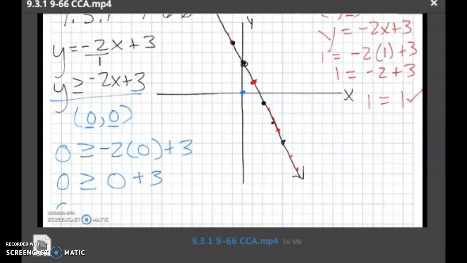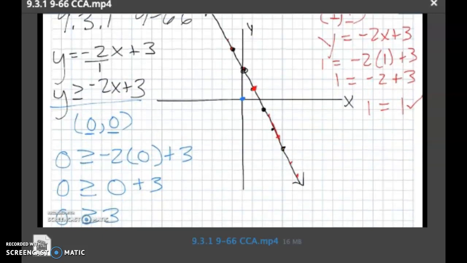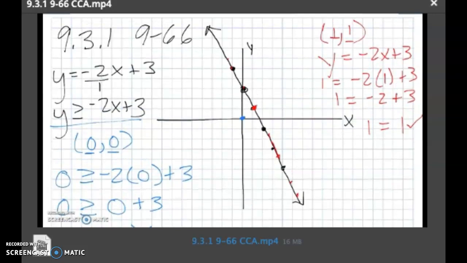And if I simplify, I have 0 is greater than or equal to 3. That is not a true statement because 0 is less than 3. So that means that the point 0, 0 is not a solution to my inequality.